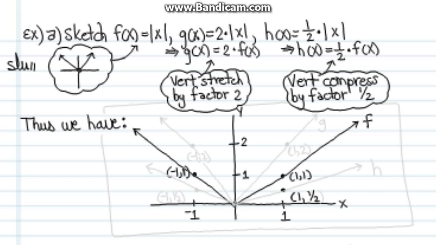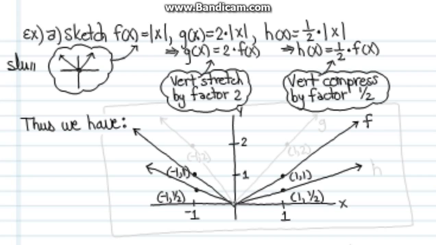Okay, so we take the ordered pair 1, 1, and we only modify the y coordinate by multiplying it by 1/2. And then take the other ordered pair, which was -1, 1, and multiply only the y coordinate, and we get -1, 1/2. Now connect the points together and look at our h function. We have a vertical squash, a vertical compression by a factor of 1/2.